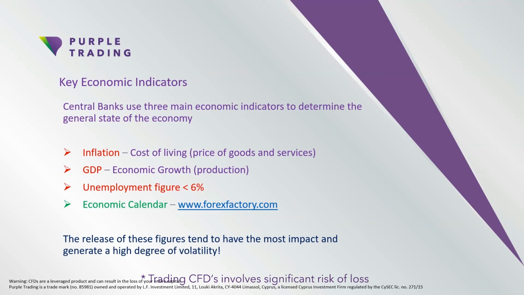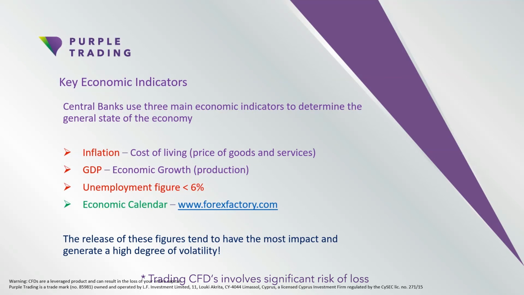So, the key economic indicators. Central banks use three main economic indicators to determine the general state of the economy. So they look at inflation, which is the cost of living and the price of goods and services.